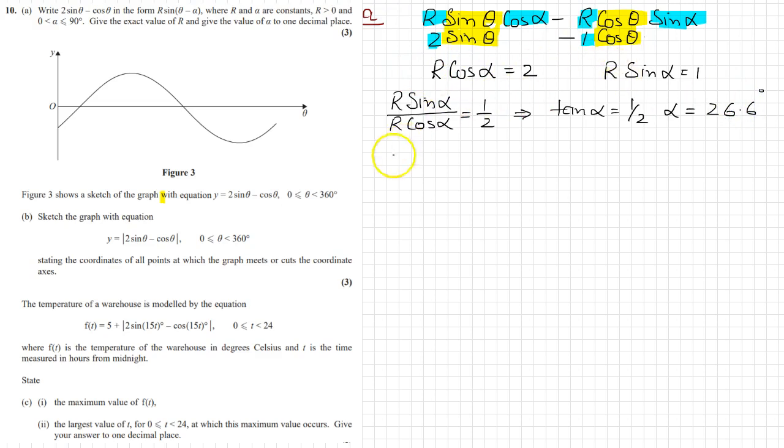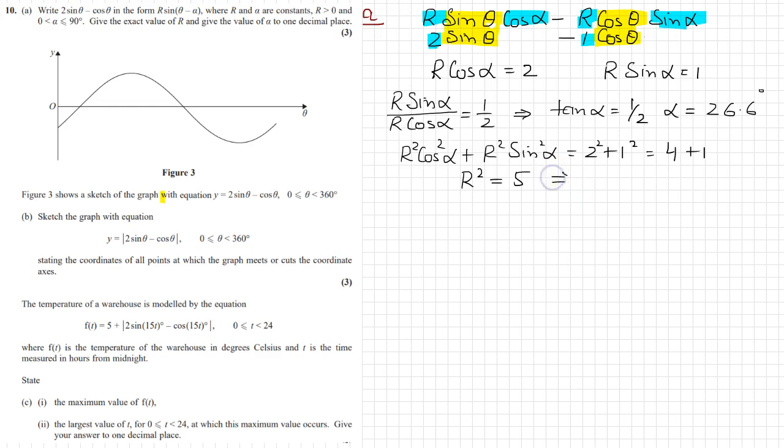And if we square both these equations and add them, so this is r square cos square alpha plus r square sin square alpha is equal to 2 square plus 1 square. So that is 4 plus 1, not 5 plus 1, I just added it in my mind. We take r square common. So cos square alpha plus sin square alpha is 1.